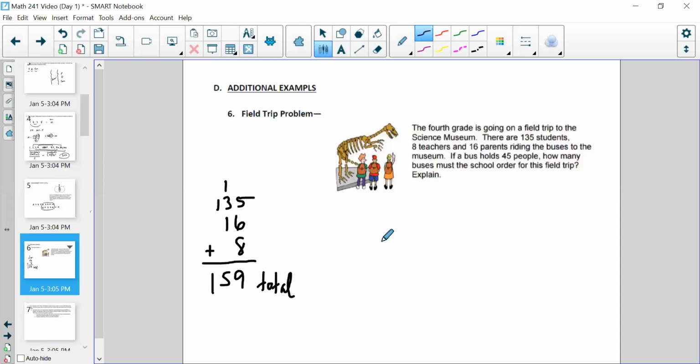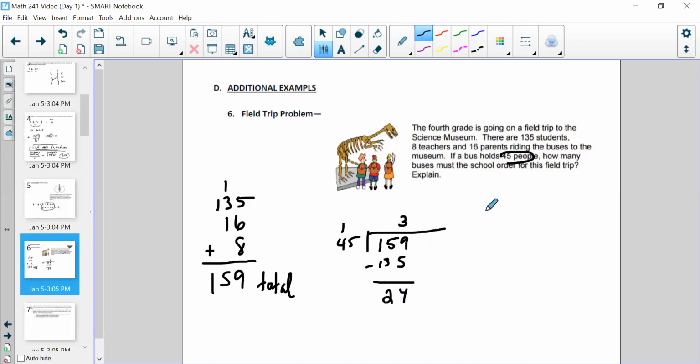So if we got 159 total people, we know that the bus holds 45 people. So we're kind of thinking, how many buses that seat 45 to hold 159? So if we think 3 whole buses, that's going to put us at 24 remaining.